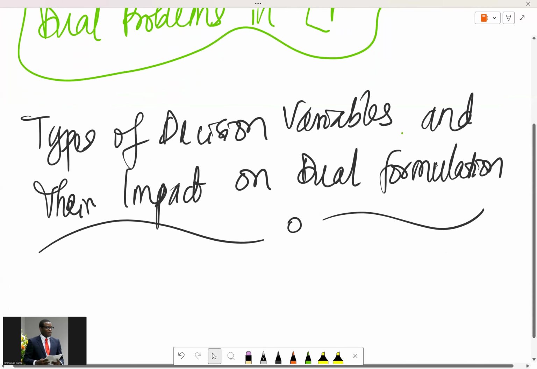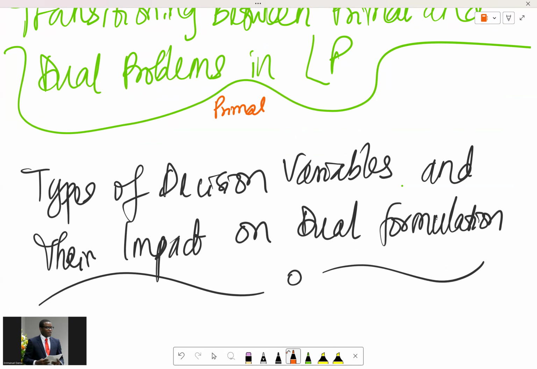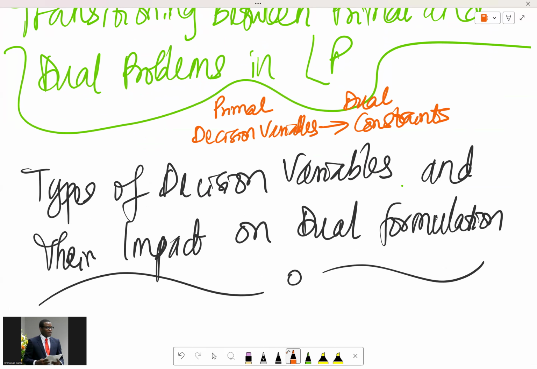So just like I said, decision variables in the primal impact the constraints in the dual.